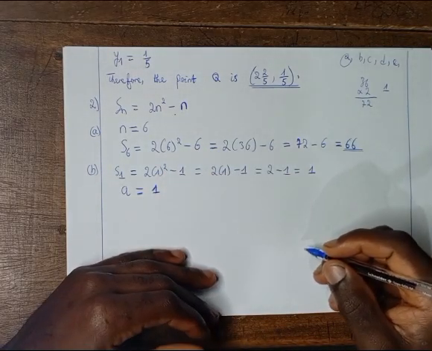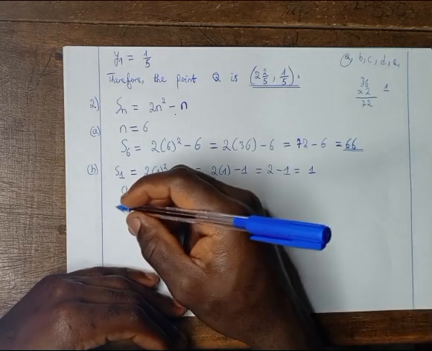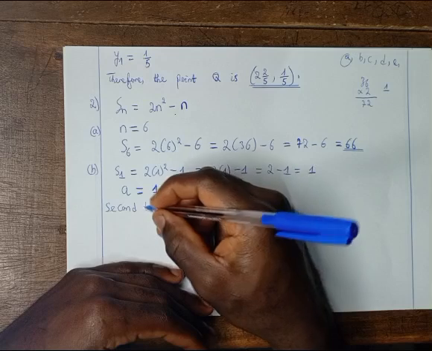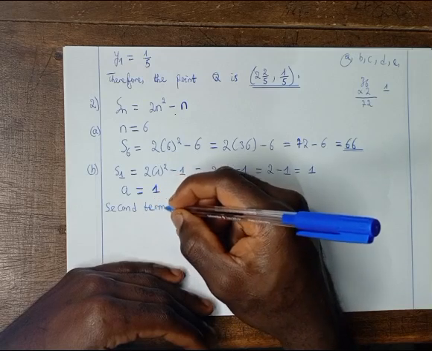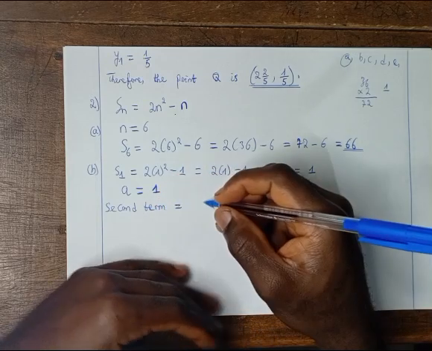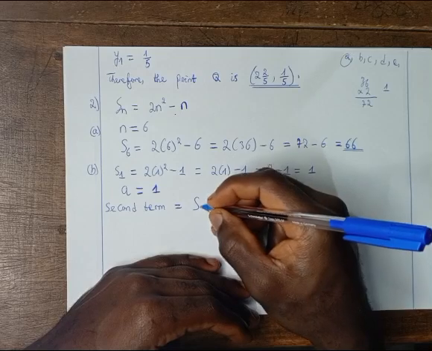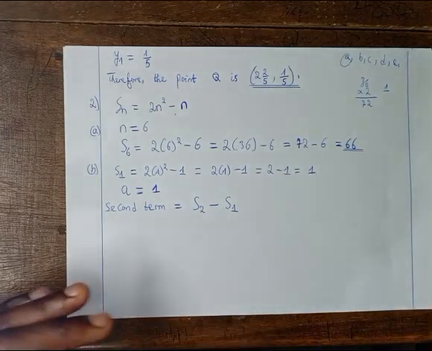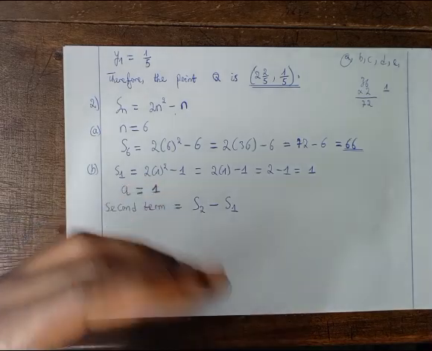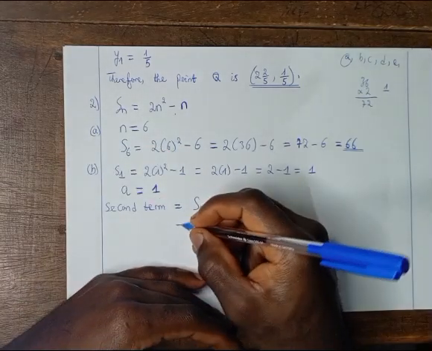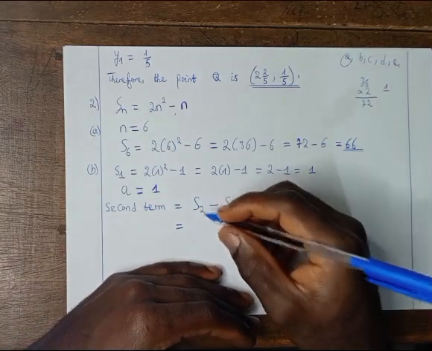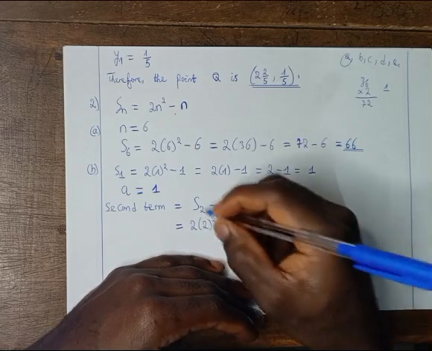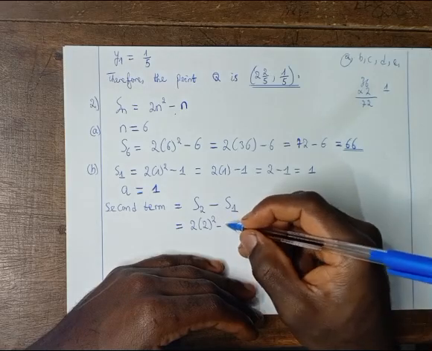Now, for us to get the second term, I'll write this down. Second term will simply be equal to the sum of the first 2 terms minus the sum of the first term. That means you simply take the sum of the first 2 terms minus the first term. The sum of the first 2 terms is 2 times 2 squared; we are going to replace n here with 2, minus 2.